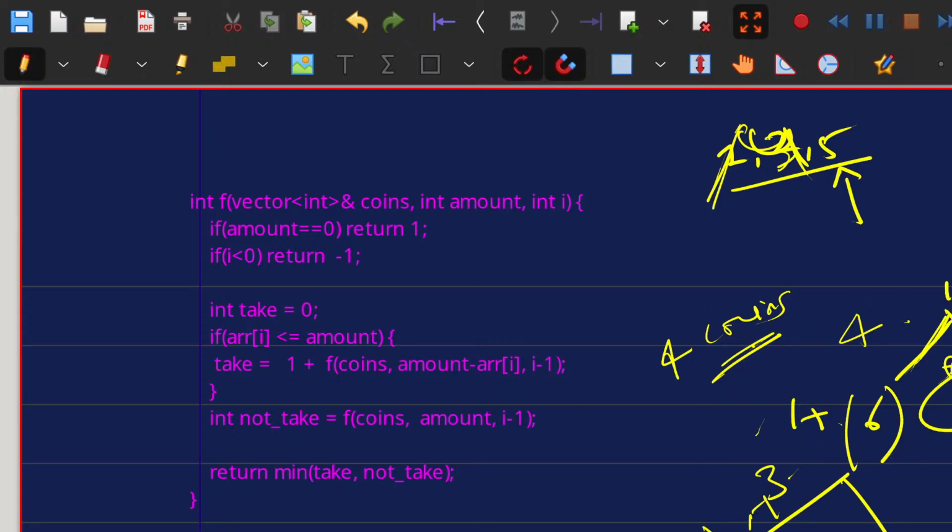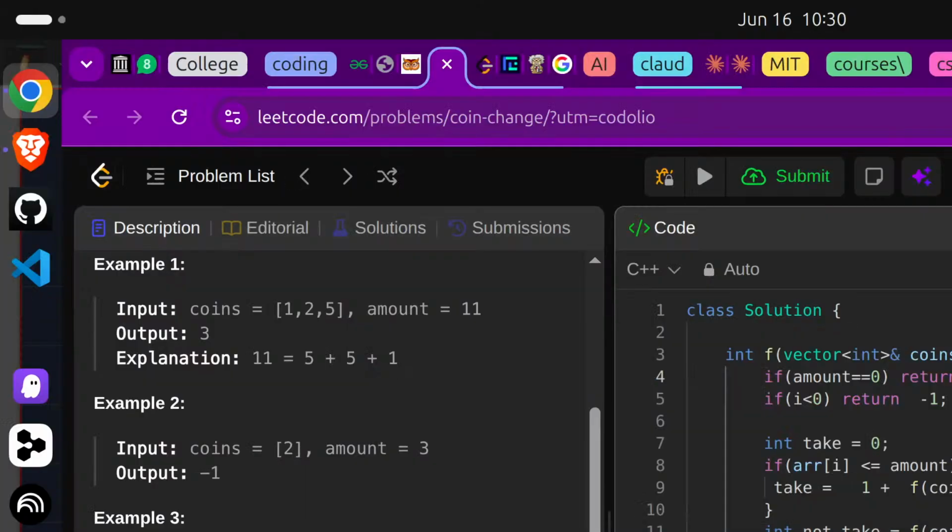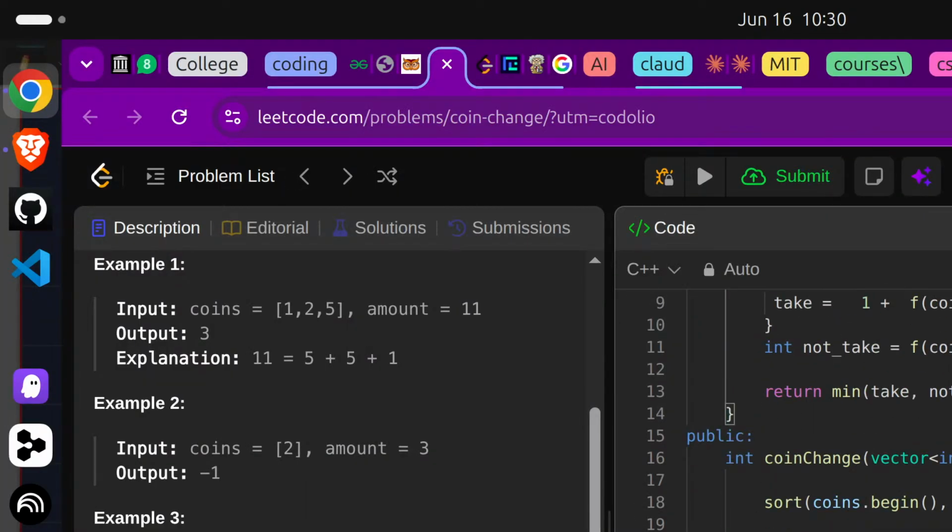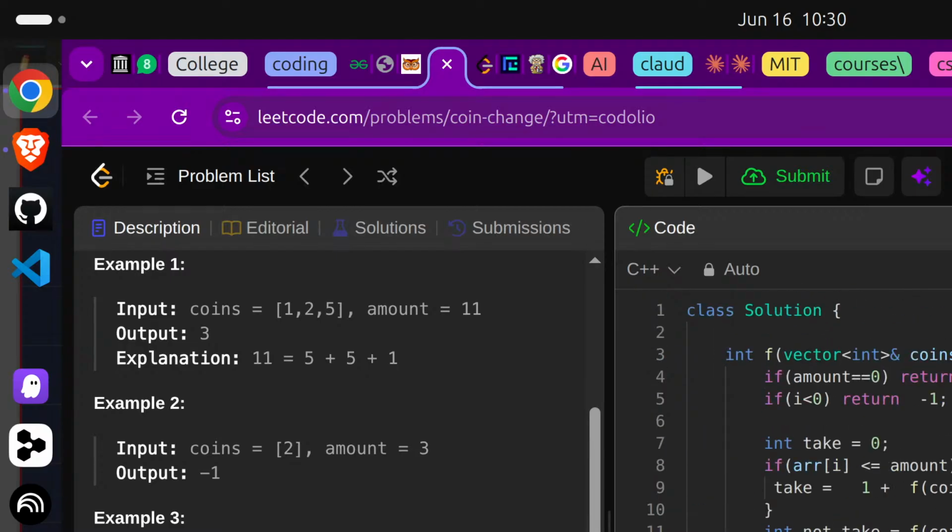Should we take a flag? The flag will tell us whether we were able to make it or not, right? Yeah, we can take this flag. So let's take the flag. Bool flag is equal to false, right? We can take it as a reference also.